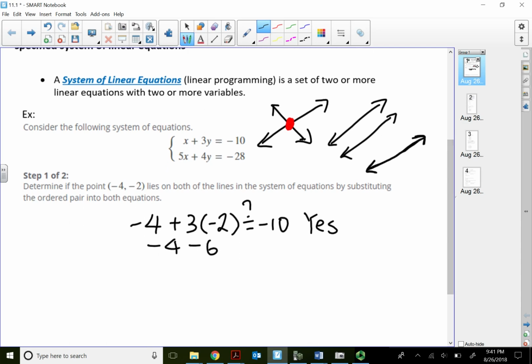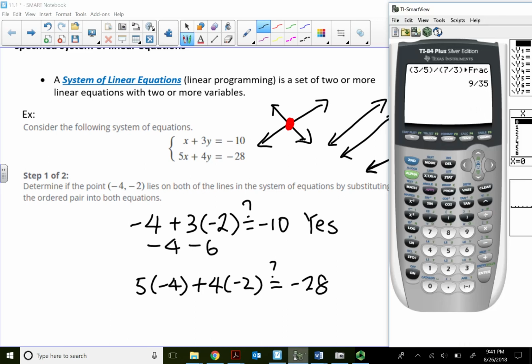Now let's do the same thing for the second equation. 5 times negative 4 plus 4 times negative 2. Does that equal negative 28? I don't know. Let's find out. I'm going to use a calculator here.